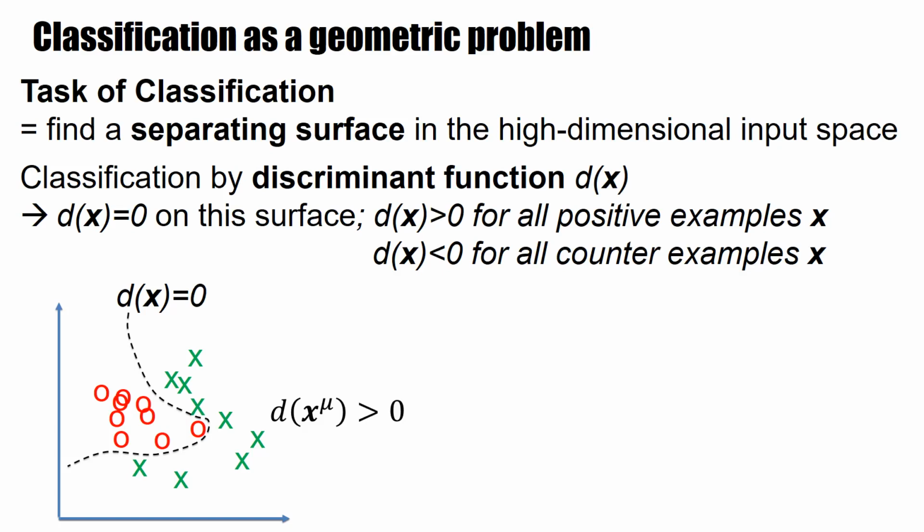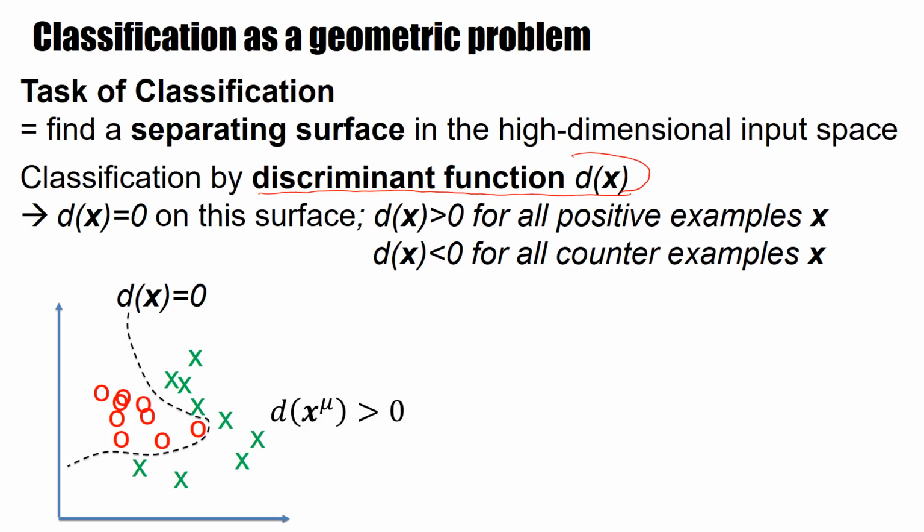We can say the separating surface corresponds to a discriminant function, and the discriminant function is called d of x, and this discriminant function is 0 on the surface, and then it's positive for all the positive examples that lie above the surface, and it's negative for all the counter examples that lie below the surface.